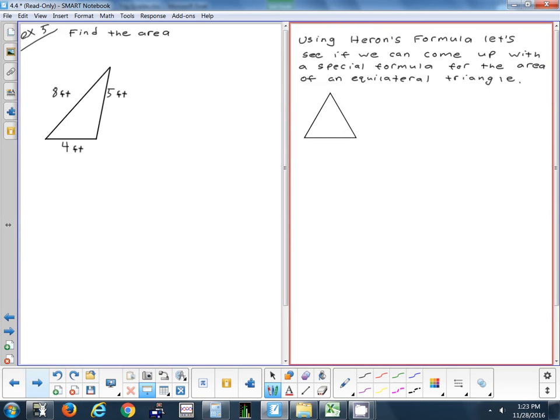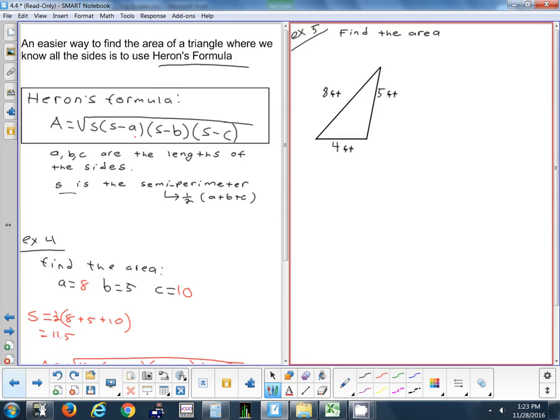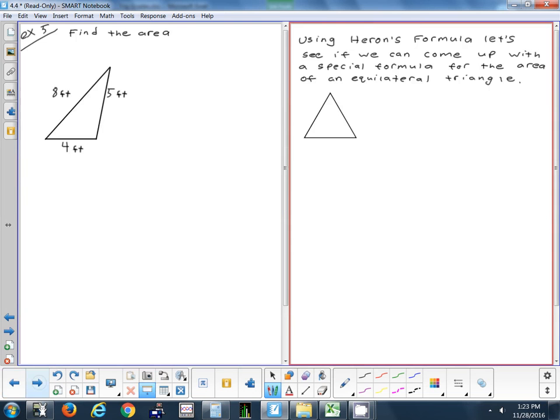So that means if all the sides are the same, we could use Heron's formula, but we could shorten it because we don't have to have 3 different sets of parentheses. They're all the same. Okay? So we're going to look at this triangle and see if we can take Heron's formula and shorten it for this special case.